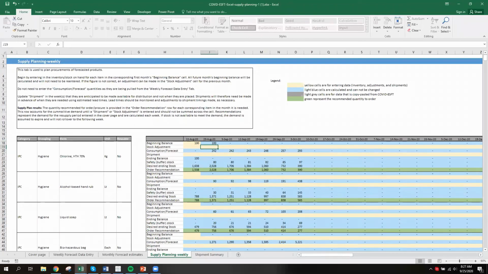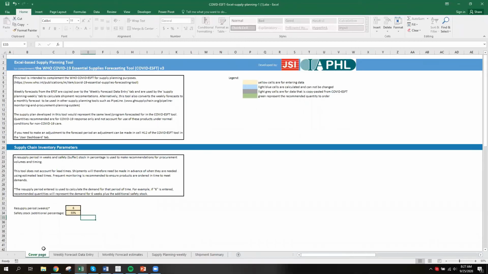Okay. And then in the chat, we have, can the tool be applicable for other programs? I mean, the math can be, but it's really meant for the COVID-19 accompaniment. It's a complement to that. If you're using it for other programs, the best recommended method currently, if you don't have any other systems in place, is to use average monthly consumption and months of stock when you have consistent demand and forecasts in place.